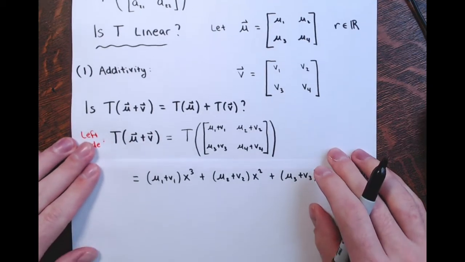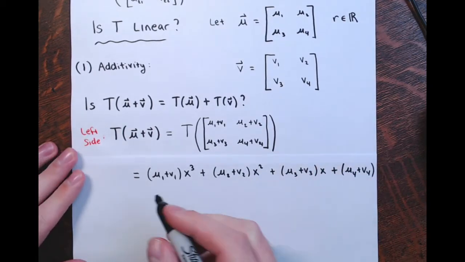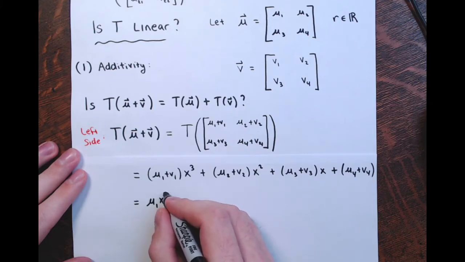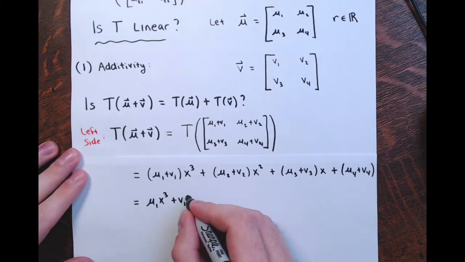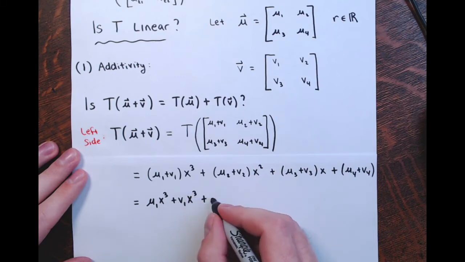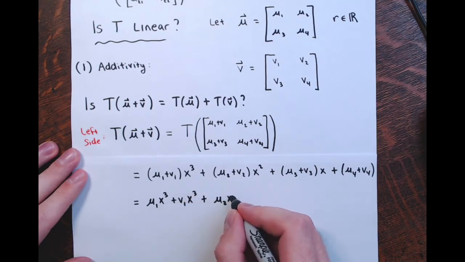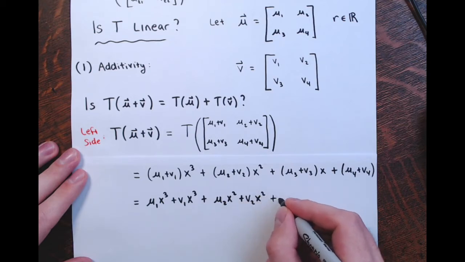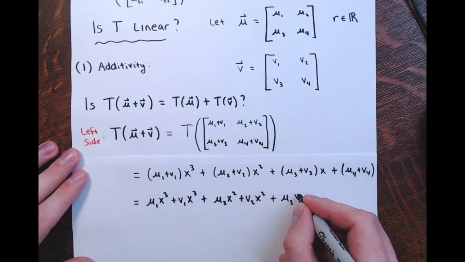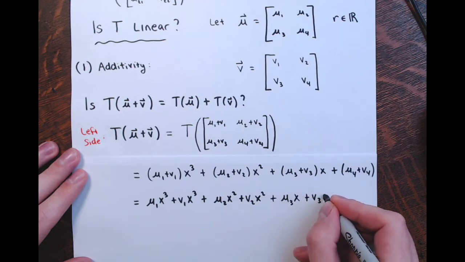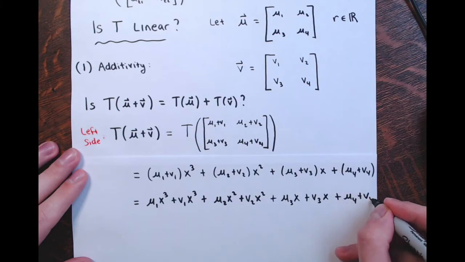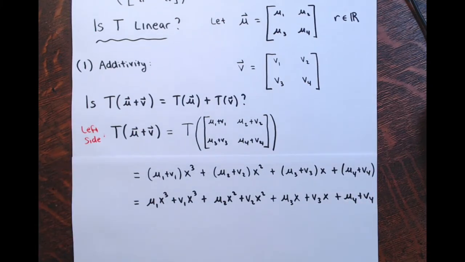If you'd like, you can distribute: this is the same as u1 x cubed plus v1 x cubed plus u2 x squared plus v2 x squared plus u3 x plus v3 x, and then plus u4 plus v4. So there's the left side.